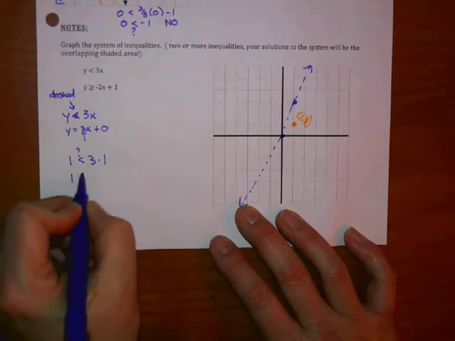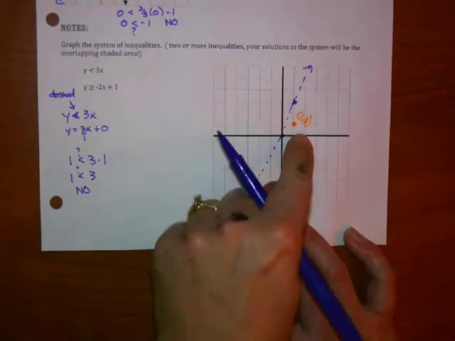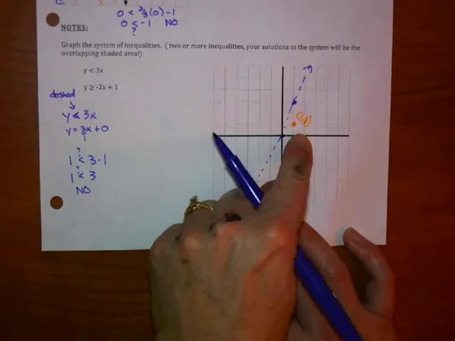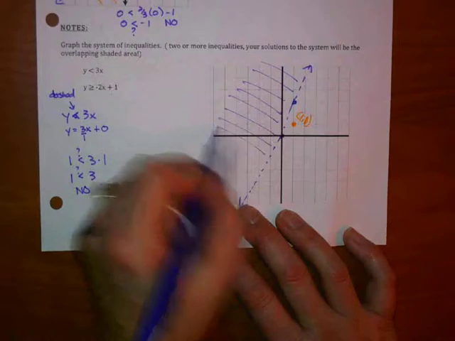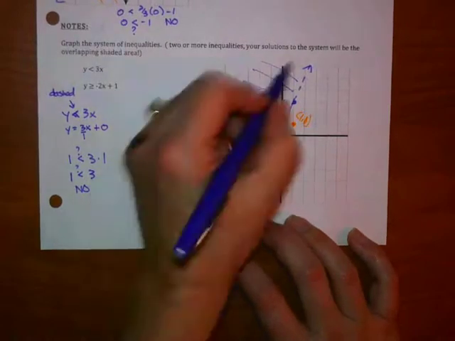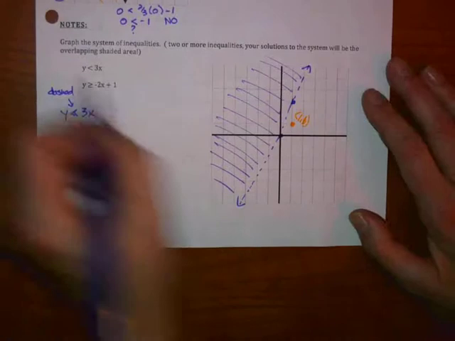Is 1 less than 3? No. So this is not part of the solution set. So I got to shade this side. I'm not going to shade it super heavy because I'm going to be looking for overlapping. I want to be able to see where that overlapping is. Okay? So we did the first one.